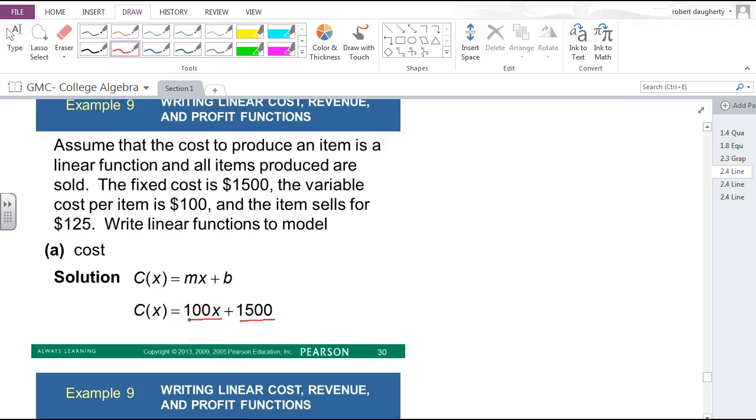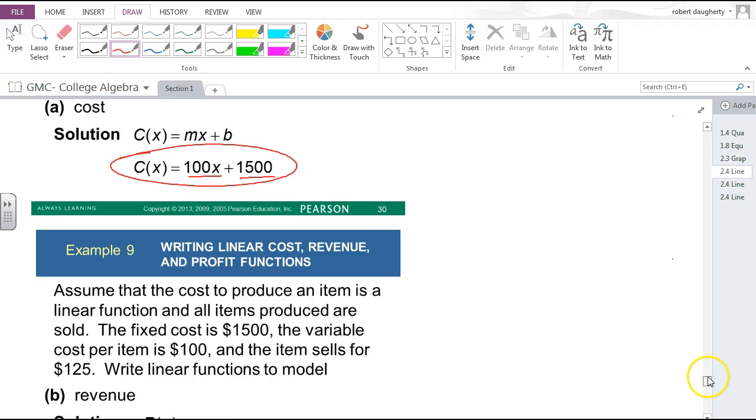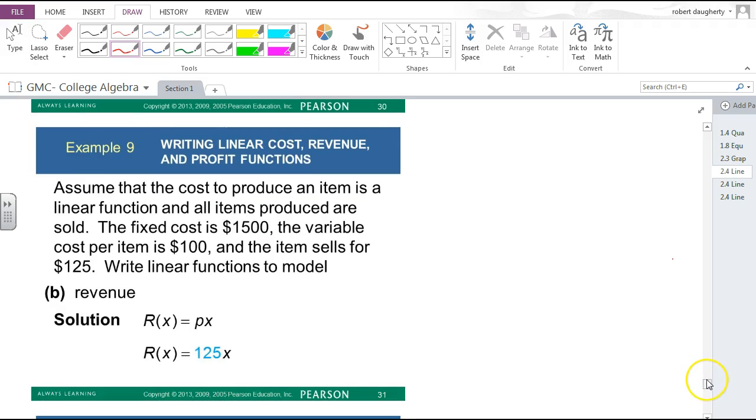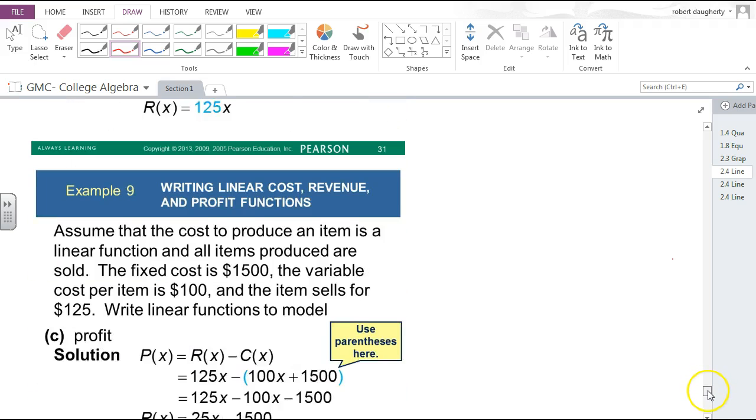So this gives me a cost function of 100x plus 1,500. Now, how do I get the revenue? The item sells for 125. So that tells me that the revenue is just going to be 125 times x.